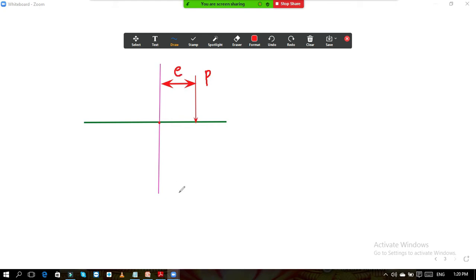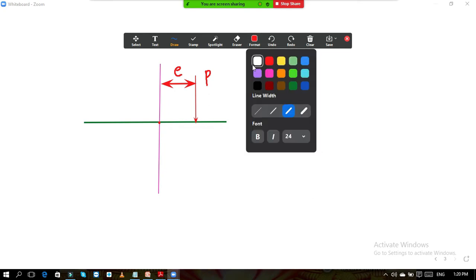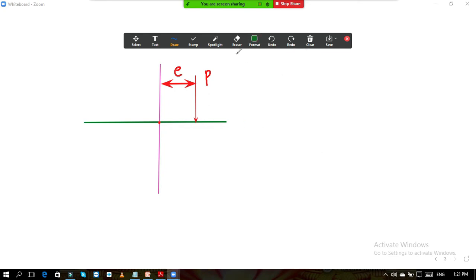Now what will I do? I will apply an equal and opposite force P here. I apply an upward force P, and to neutralize it I apply a downward force P also.